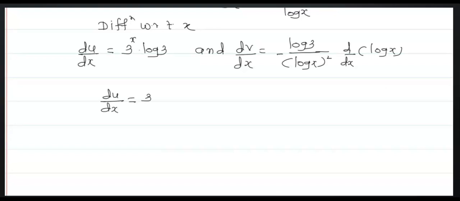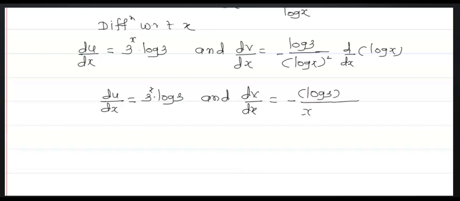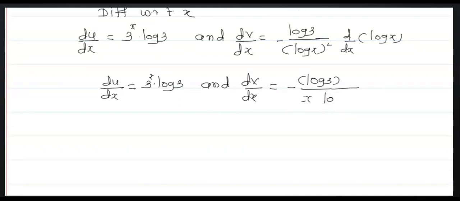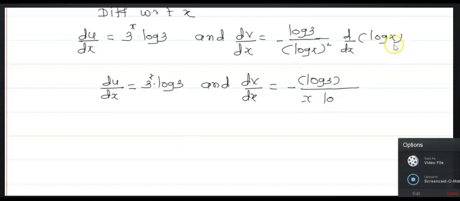Therefore, du by dx is equal to 3 raised to x log of 3, and dv by dx is equal to minus log of 3 upon x into (log of x) bracket square, since the derivative of log of x is 1 upon x.